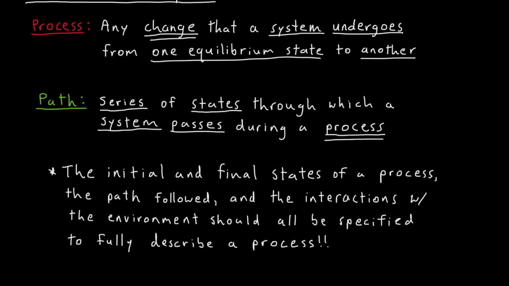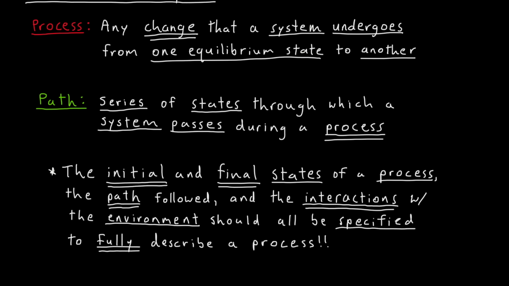So once again, we need four main things: both initial and final states, path followed, and interactions with the environment. Just be sure to keep this in mind for future reference.